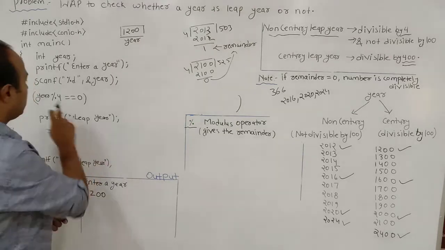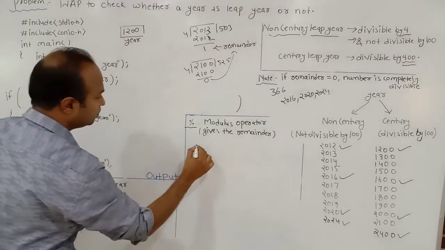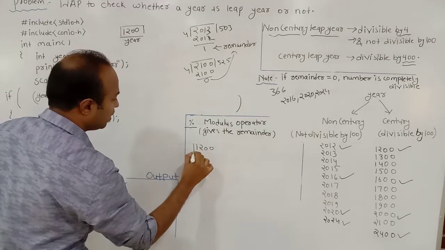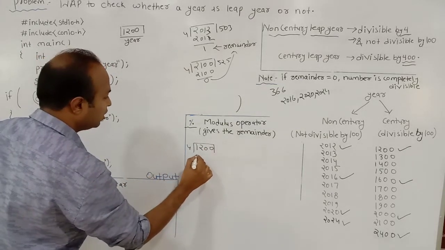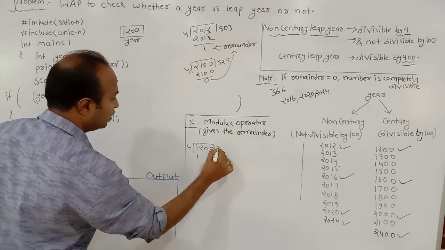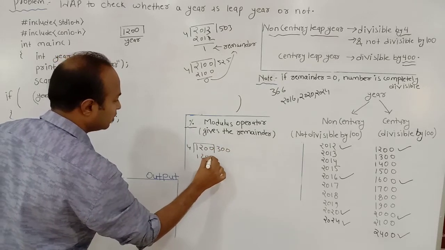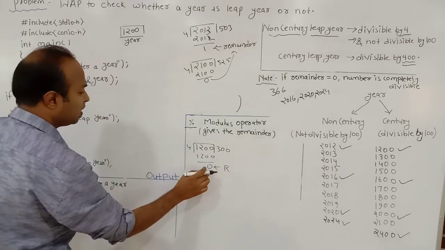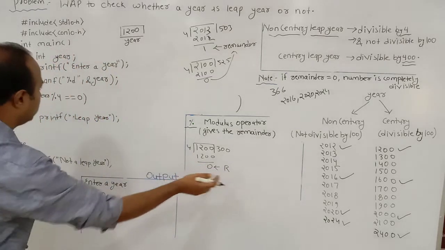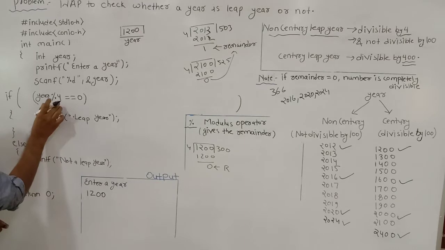The value of year is 1200, and we are dividing by 4, so it will give the remainder. We are getting remainder 0. But we will discuss that later. Okay. Now we have written the first condition.